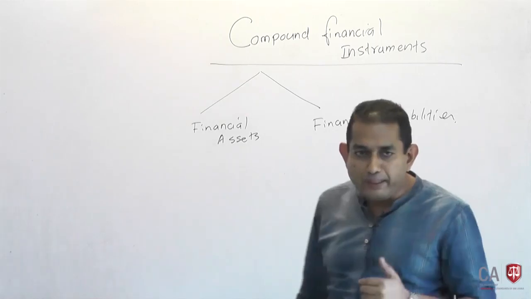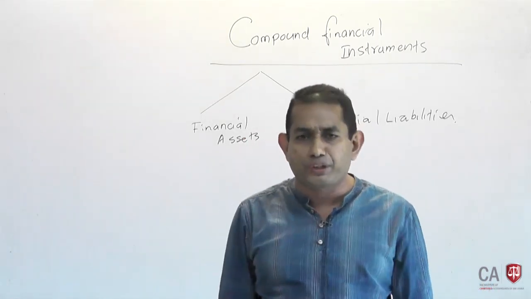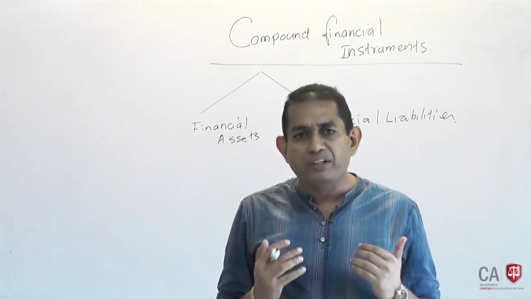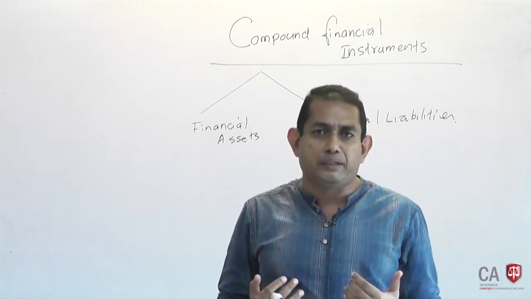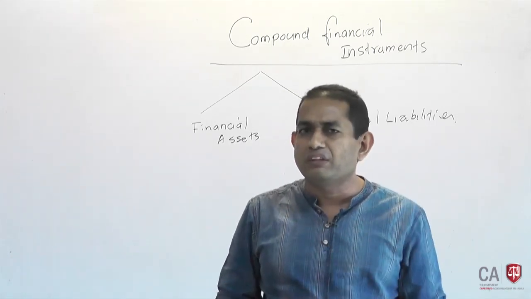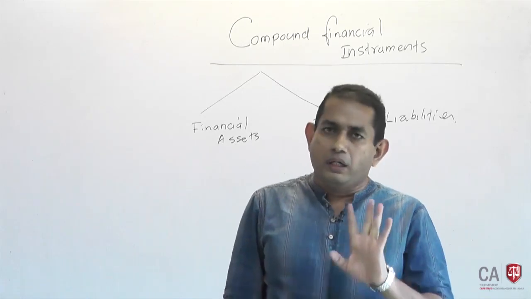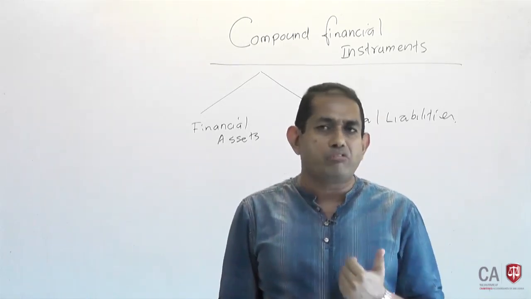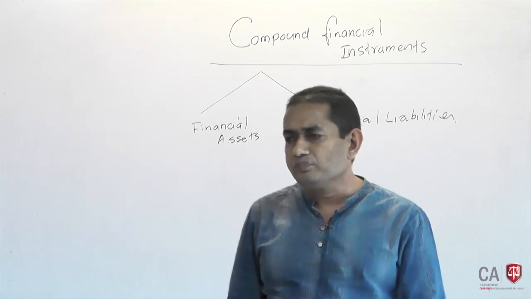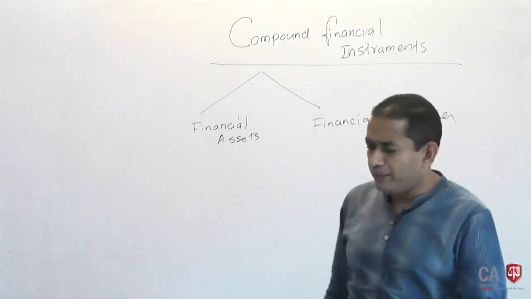So, I am explaining compound instruments. I can give you a couple of explanations to make you comfortable. Whatever you think is good for you, you can take. Let me start now. This is one way of explaining. Financial instruments are either financial assets or financial liabilities.